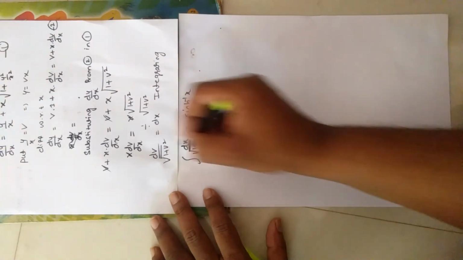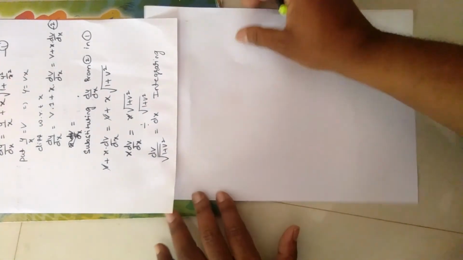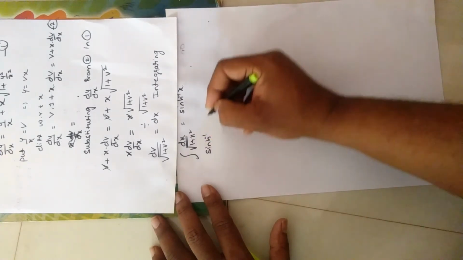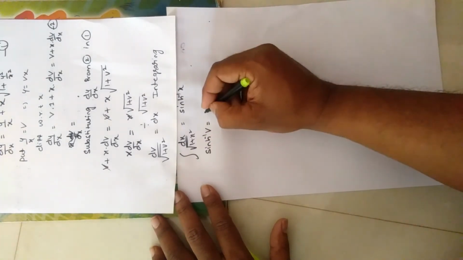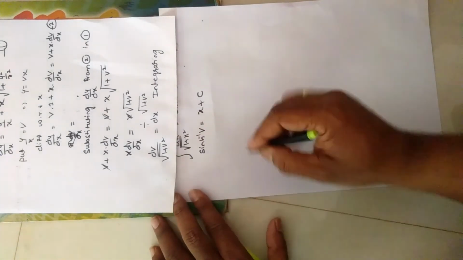Therefore, integrating, this gives sine hyperbolic inverse of v is equal to x plus an integration constant c.